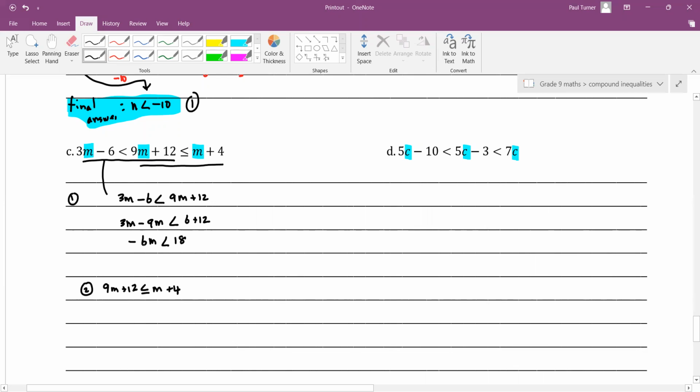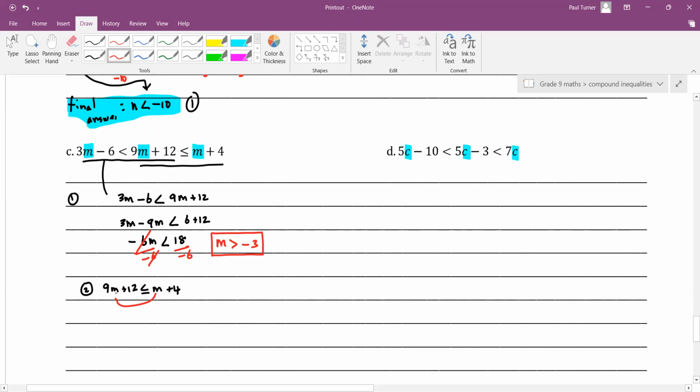Now we need to divide by negative 6, right? So that will cancel. So M will be greater than negative 3. That's your first part. And then we do the same here.